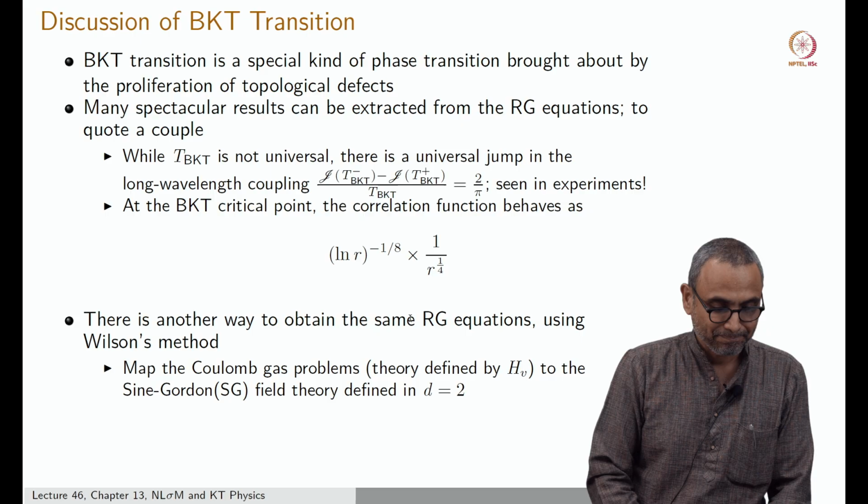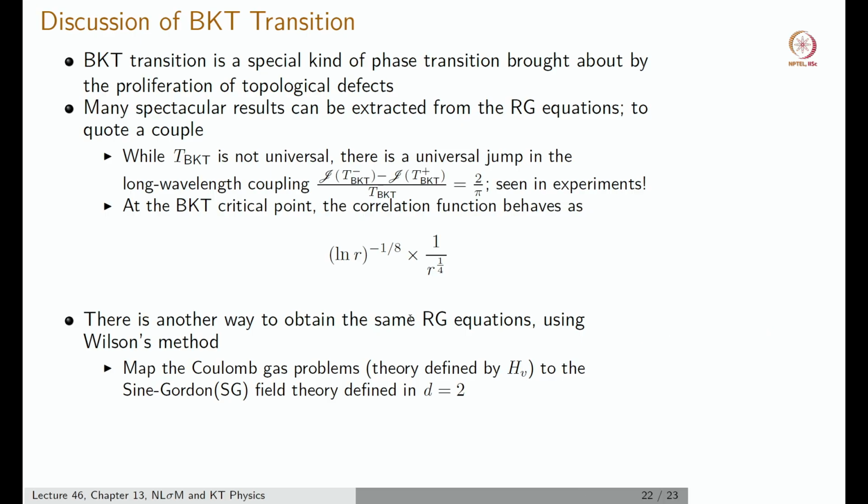You can try this yourself, or you can read some literature. So what you can do is, you know that all the physics is there in the H_V problem. H_V is the energy associated with the vortex configuration. So you can show that this Coulomb gas, namely the question of there being an energy associated with popping charges out of vacuum, which means like dissociating molecules, and them interacting with this Coulomb-like potential, you can map that problem to a continuum field theory called the Sine-Gordon model, right?